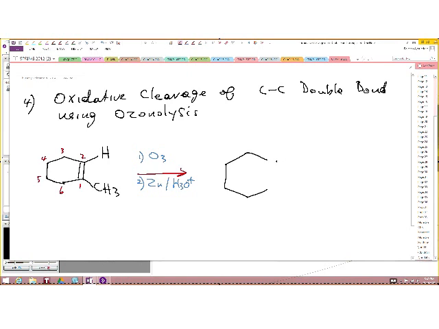Keep in mind what the ozonolysis does. What this reagent does is to cleave the carbon-carbon double bond, so that each of those carbons becomes a carbonyl carbon. So on this part of the molecule here, this is our ketone, and this is our aldehyde.